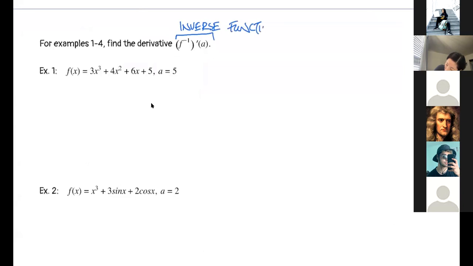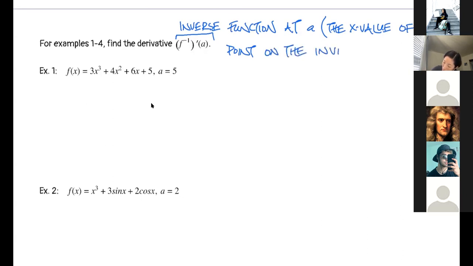One thing I want to be clear about here: a is the x value of a point on the inverse function.